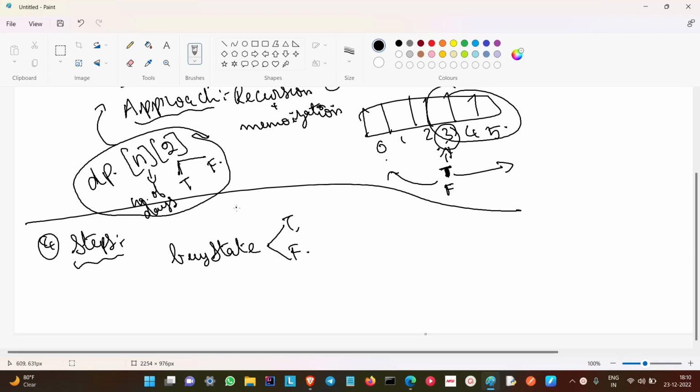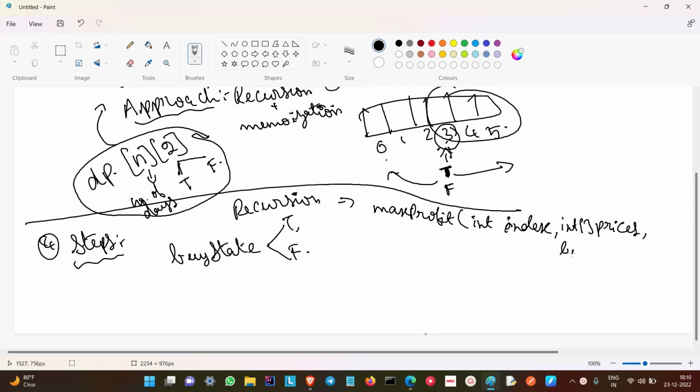So we'll use a recursion over the array, and firstly we'll have a max profit function with parameters as index, prices array, and also buy state, which is a boolean value. Since we have only two values, we can use a boolean variable to determine the value of buy state.